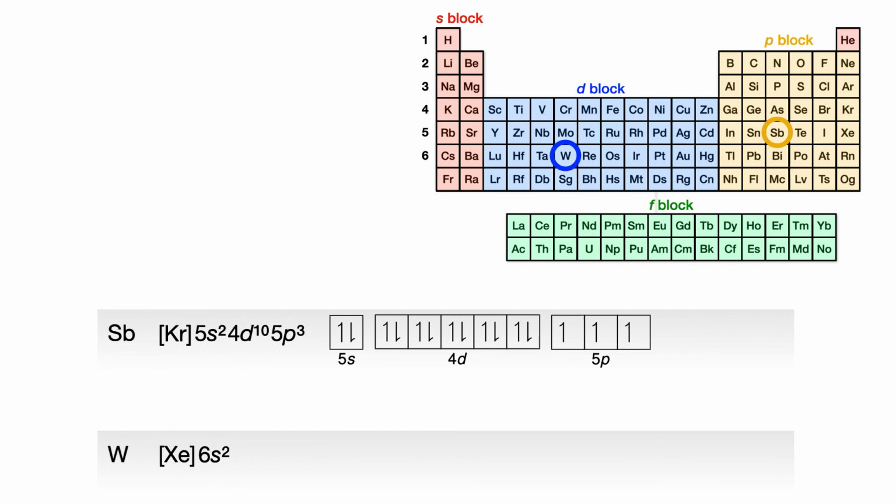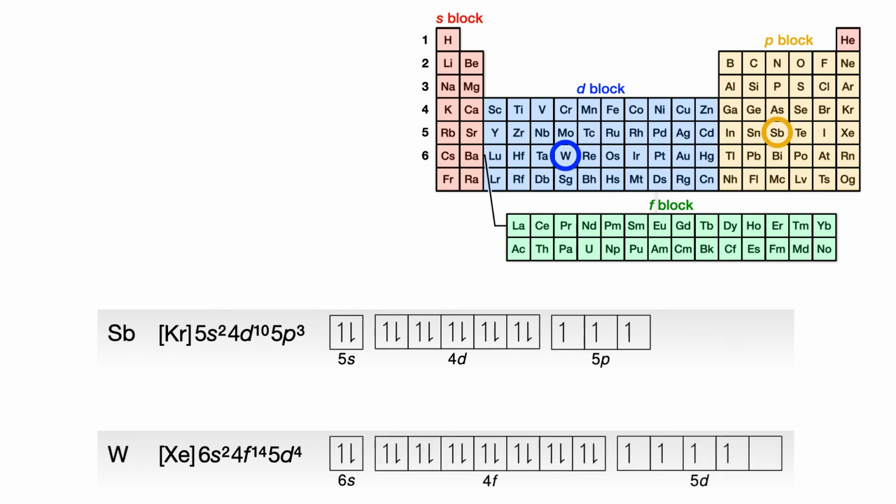After barium comes lanthanum, and so after the 6s, we fill in the 4f sublevel, and there are 14 electrons there, and then finally we put 4 electrons into the 5d sublevel. And so tungsten has an electron configuration of xenon, 6s2, 4f14, 5d4, and this is its orbital diagram. And this will be a good place for us to finish this video.